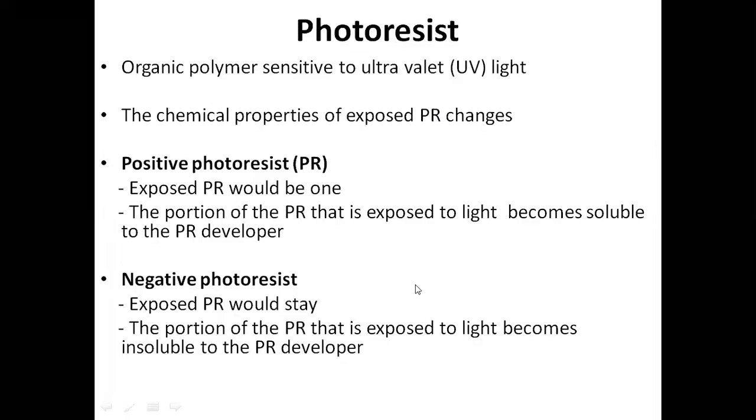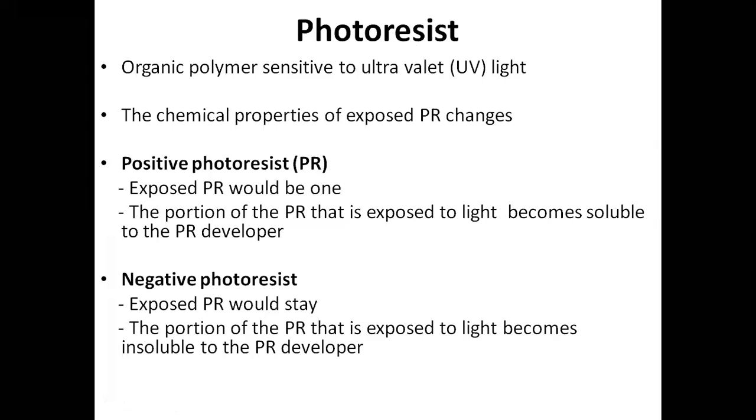Now coming to the photoresist. Photoresist is normally an organic polymer, but it is highly sensitive to ultraviolet light. Its chemical property changes when the photoresist is exposed to UV light. When UV light falls on the photoresist, a chemical reaction takes place in the portion which is exposed to UV light.